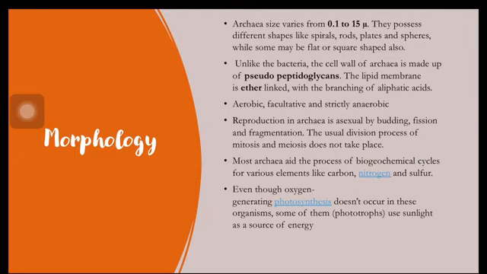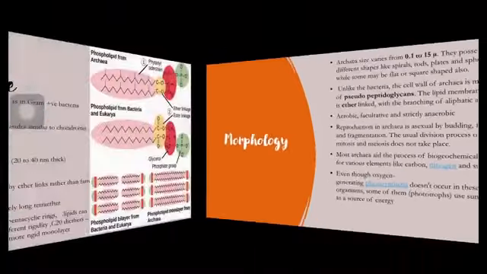An important function of these archaea is that they are helpful in the biogeochemical cycles of carbon, nitrogen and sulfur. In this archaea group, photosynthesis does not occur, but many of the organisms are phototrophs, that means they utilize sunlight as a source of energy.